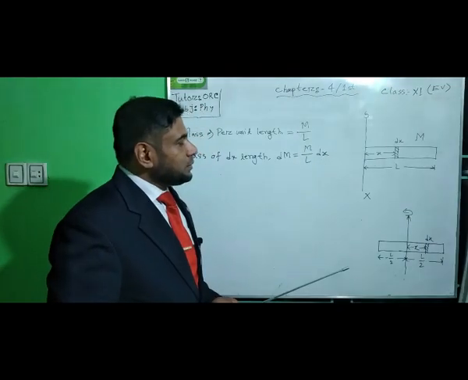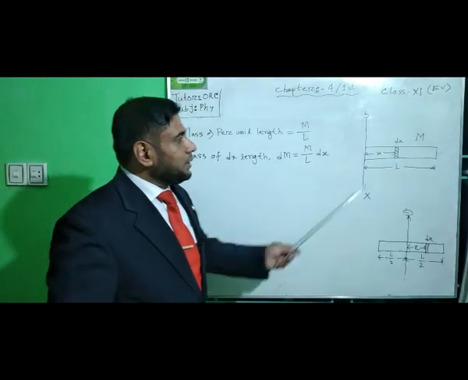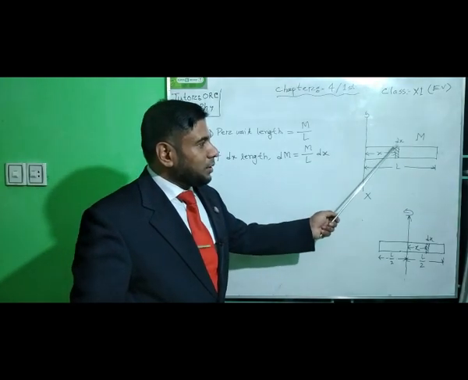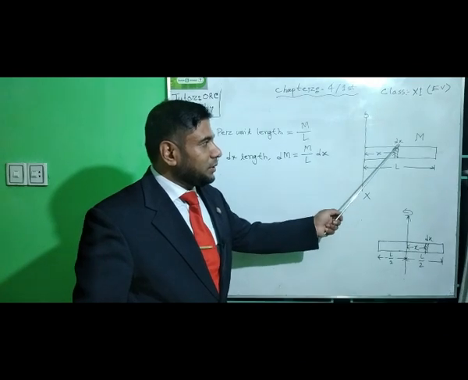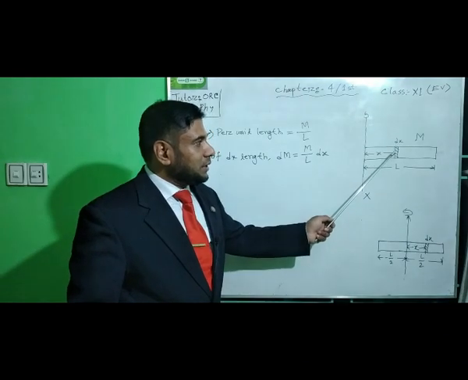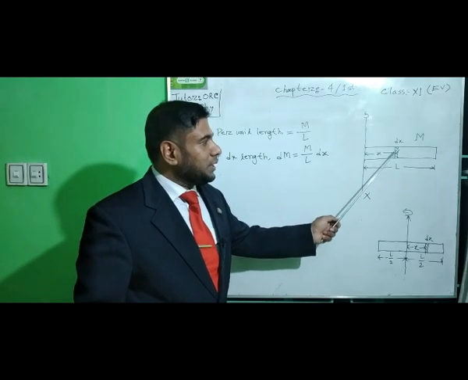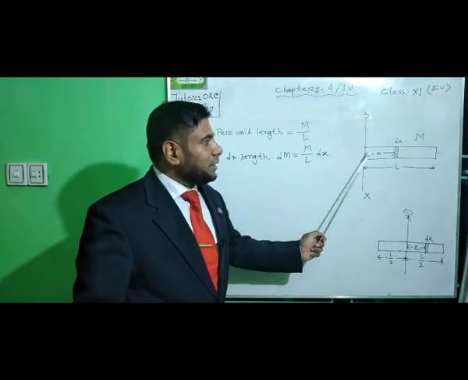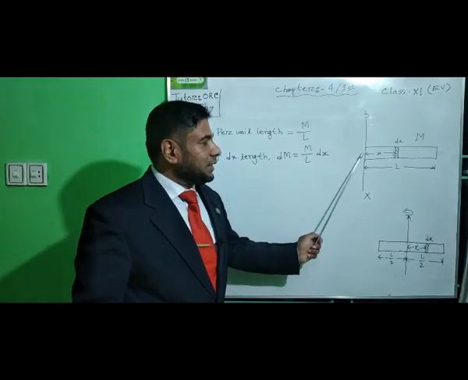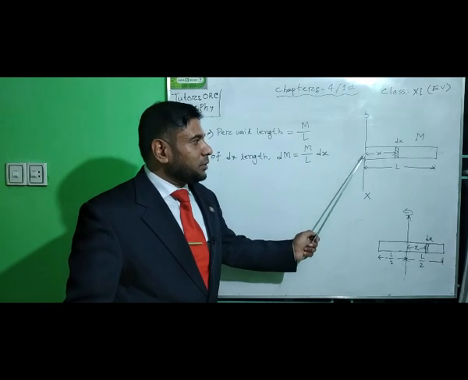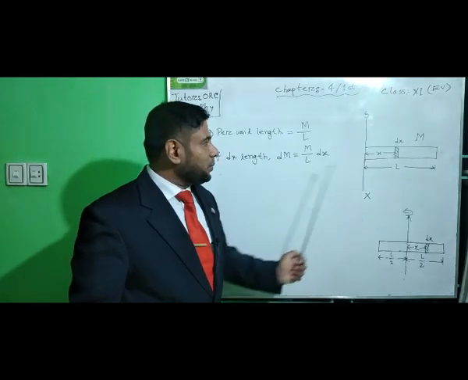Now we will find out the moment of inertia of that smallest division dx. Suppose the particles of the smallest division dx are x meter distance from the axis. Then we can find out the moment of inertia of the particles of mass dm.